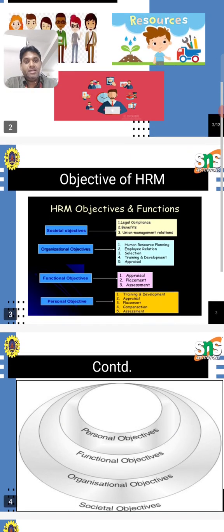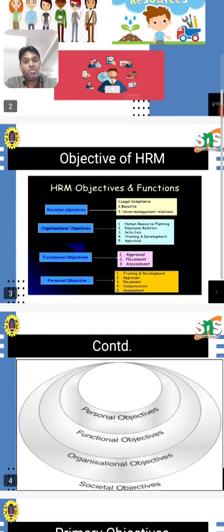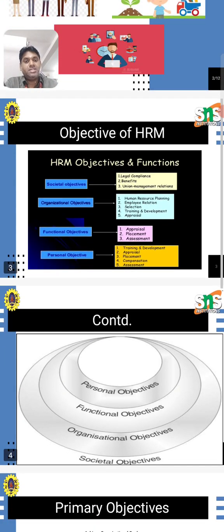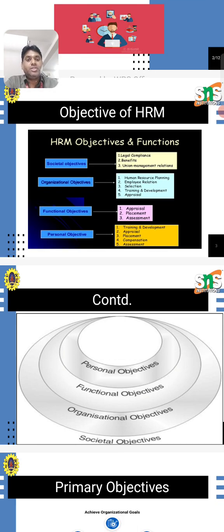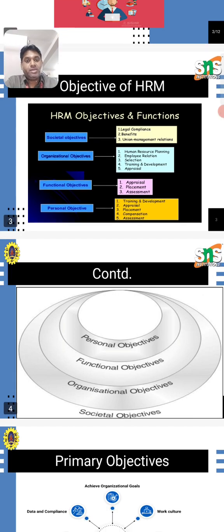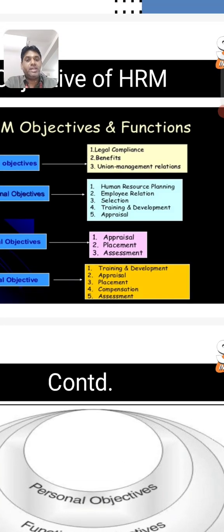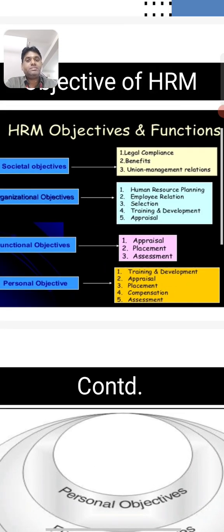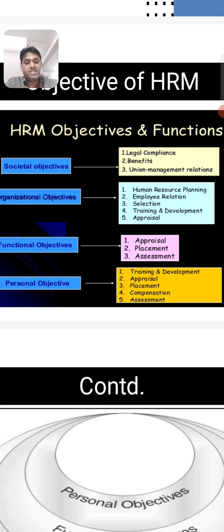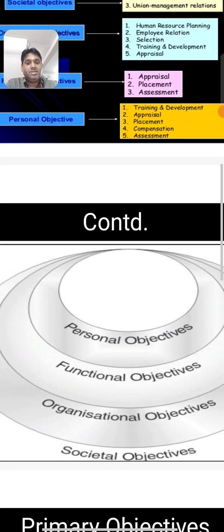All of unit number one plays an important role because it is the basic thing we have to know about HR. So today we are going to look at the objectives of human resource management. Before I come to this slide, we can go to the next slide, which is very clear.